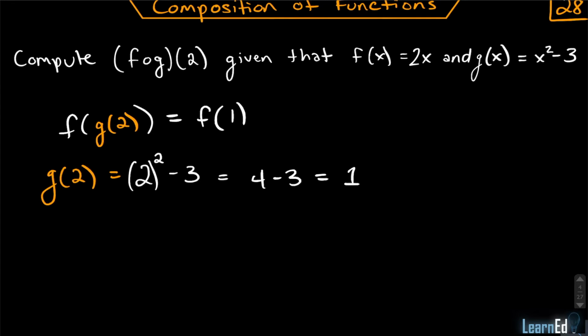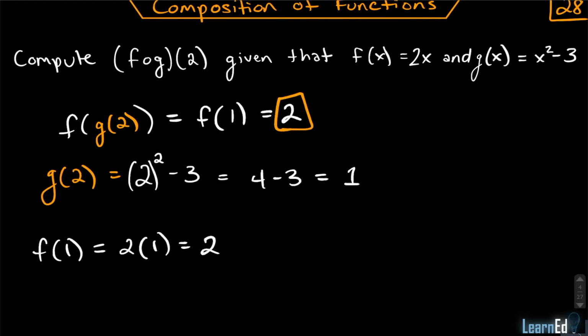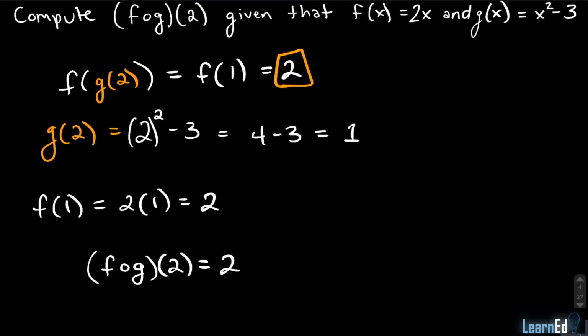So now let's find f of 1. We plug in a 1 here, because that's f of x. So we have 2 times 1, and that's equal to 2. So this is equal to 2, and that is our answer. And if you want to write it out fully, then you can write it as this right here.